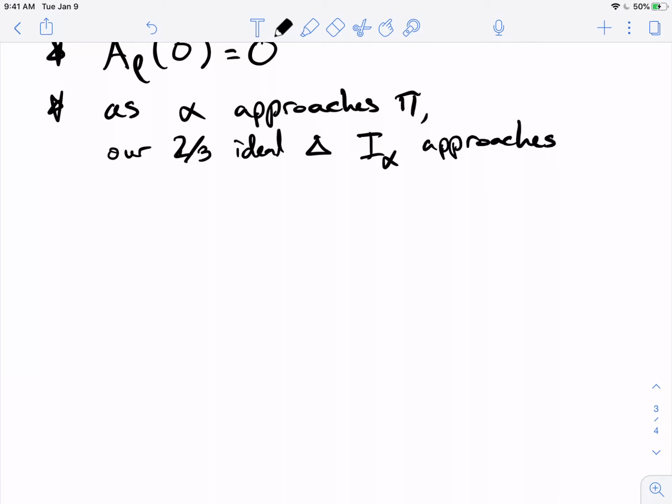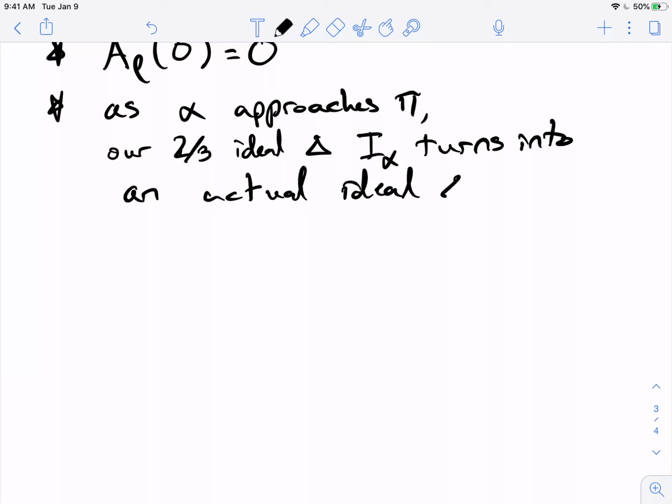Approaches, or looks more and more like, so turns into an actual ideal triangle.